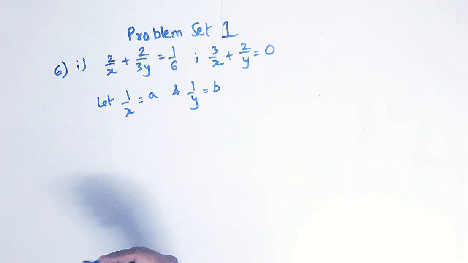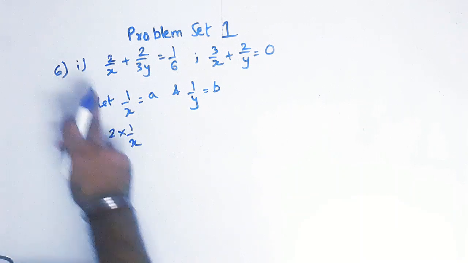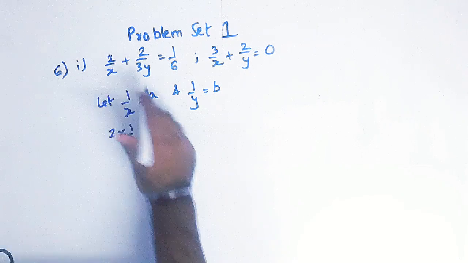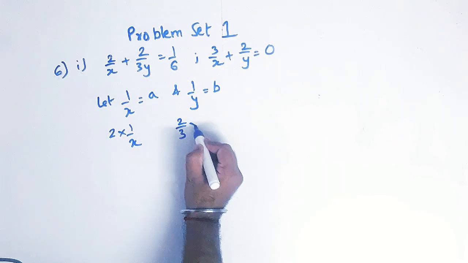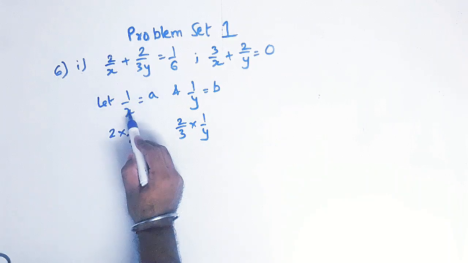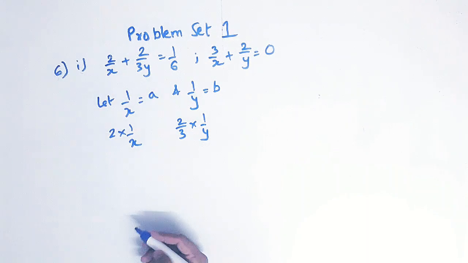Just to revise, I'll show you how it goes. 2 upon x means 2 into 1 upon x, and 2 upon 3y means 2 upon 3 into 1 upon y. So simply, this will become 2a and this will become 2 upon 3b.